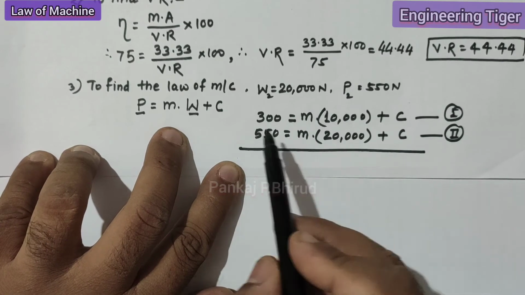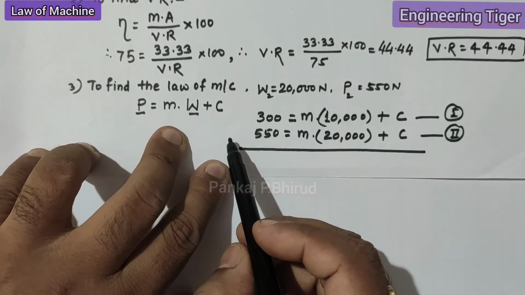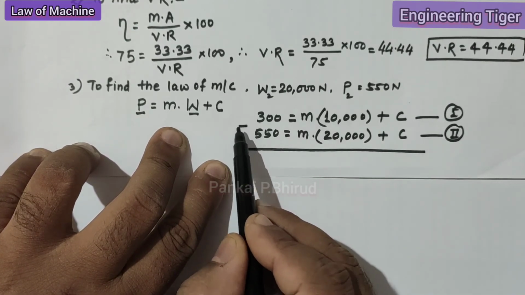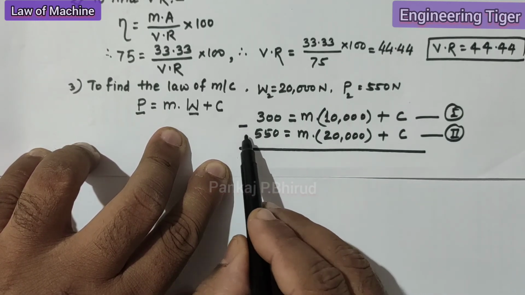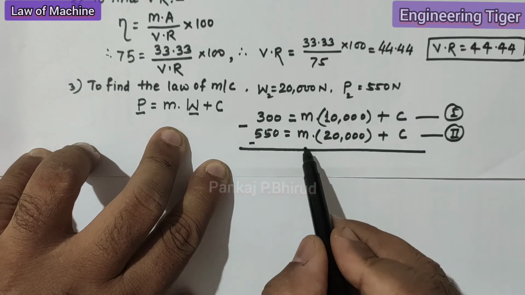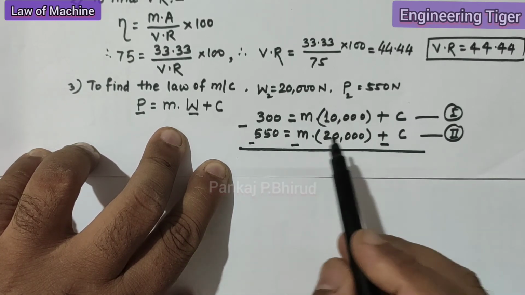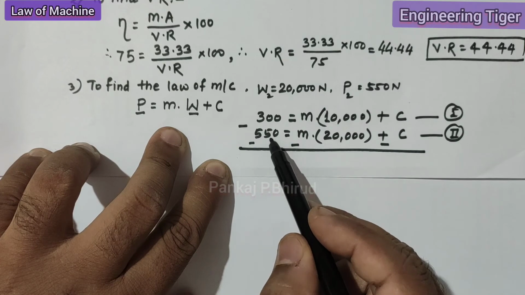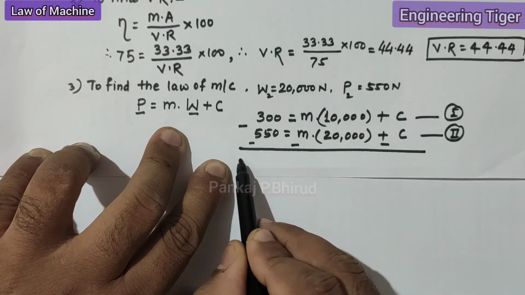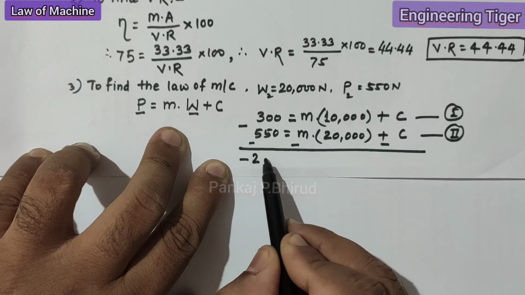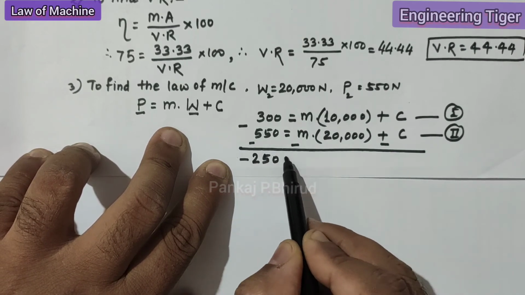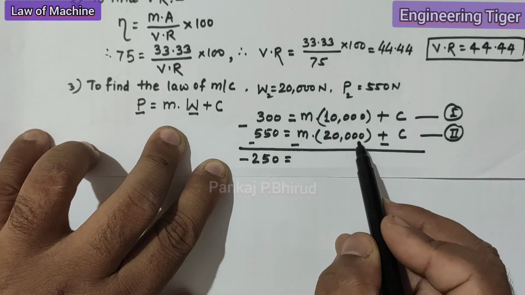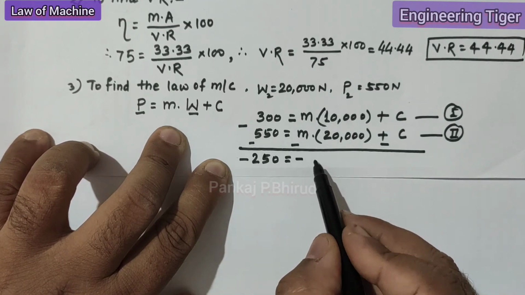Now we have to cancel this C, so we require a minus sign. Subtract the second from the first, so change the sign of each term. We'll get 300 minus 550, that is minus 250, is equal to 10,000 m minus 20,000 m, that means minus 10,000 m.